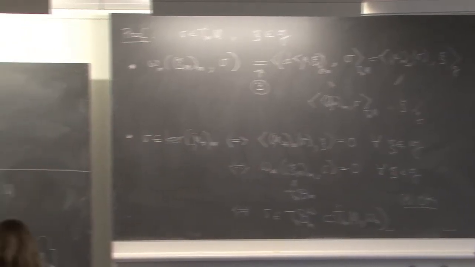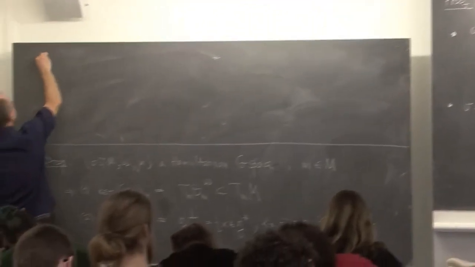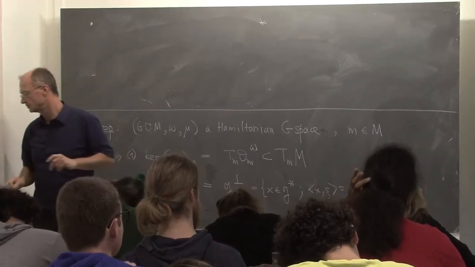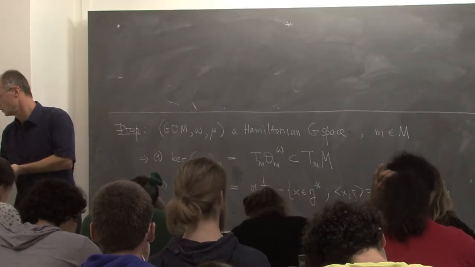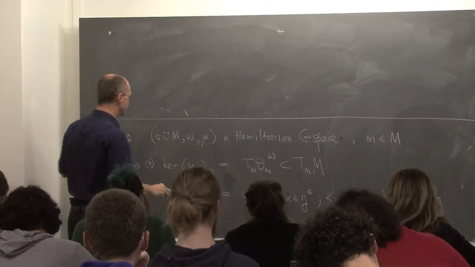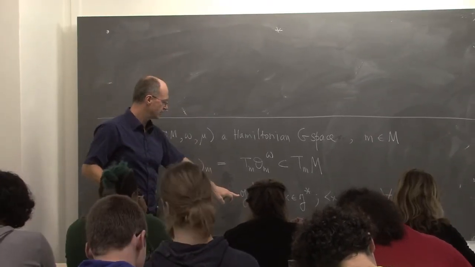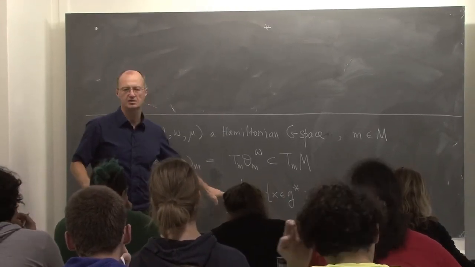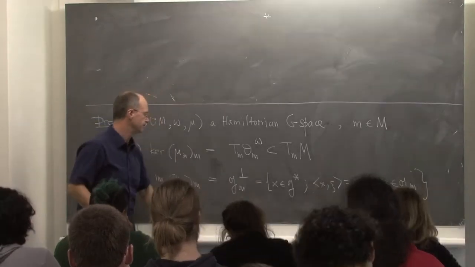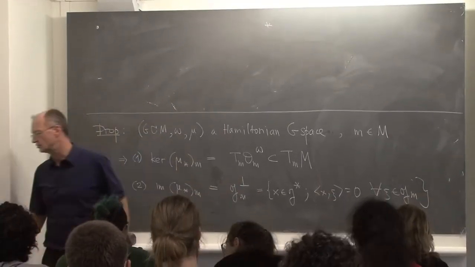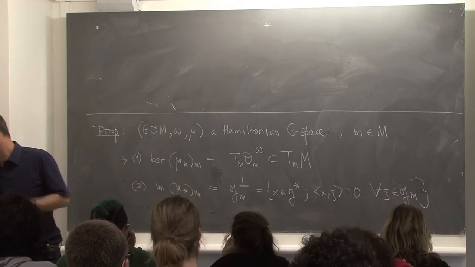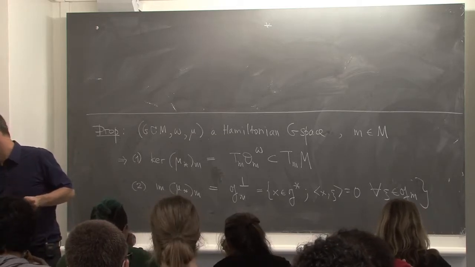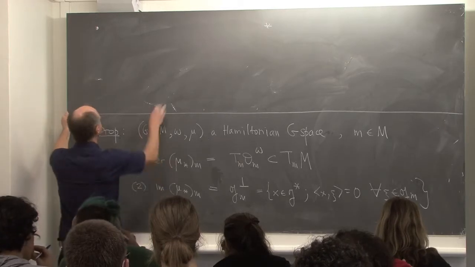So what about number two? Let me first show that the image is contained in this G_m orthogonal. For that, let me do the following.